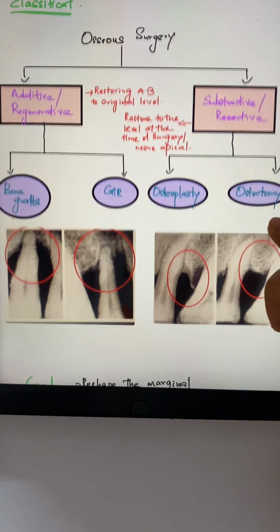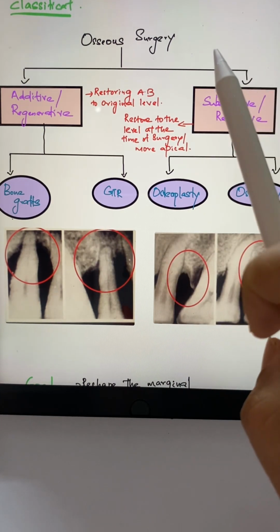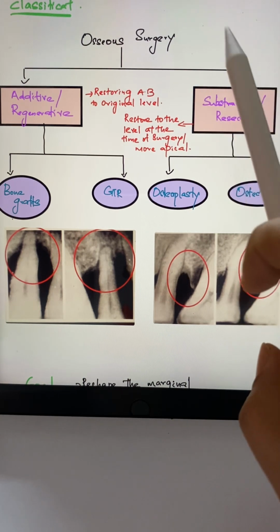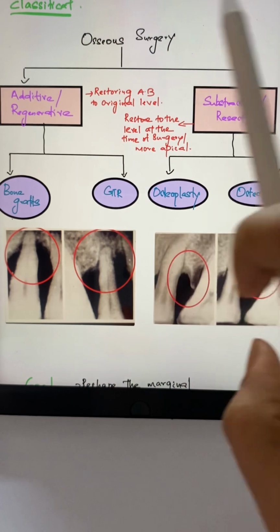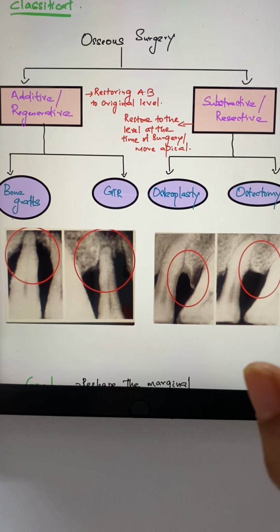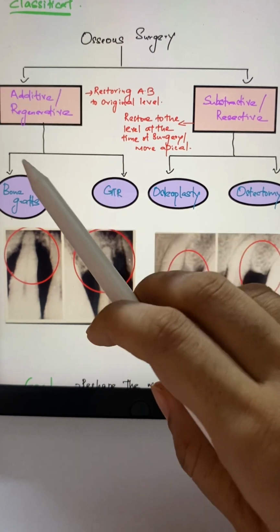And next we'll classify the osseous surgery into two different types. That is the information that I passed just now: additive or regenerative osseous surgery is also there, and subtractive or resective surgery is also there. Additive is where we restore the bone to its original level.